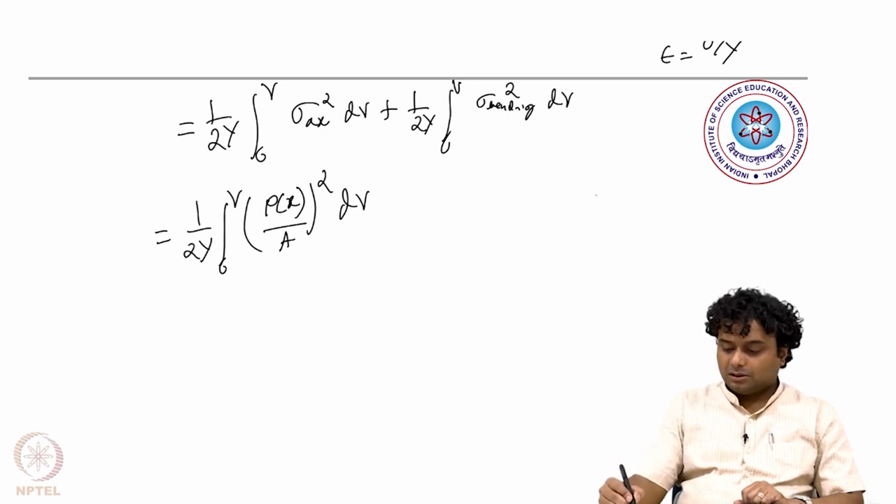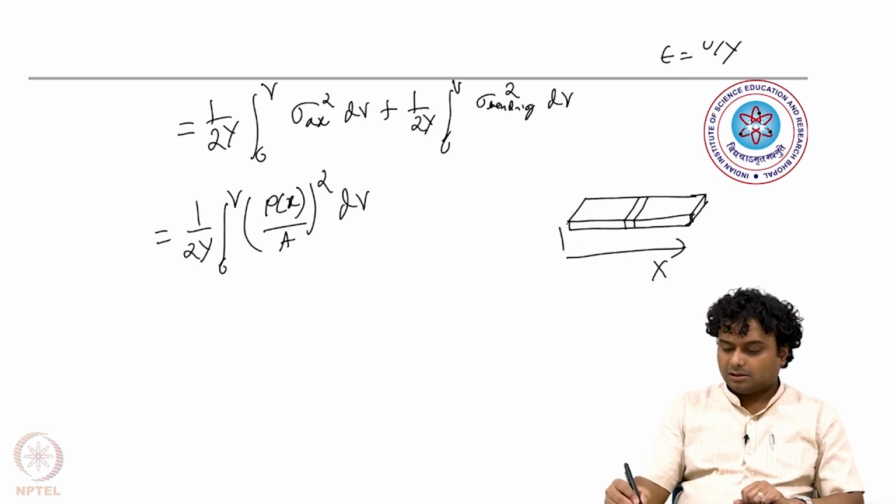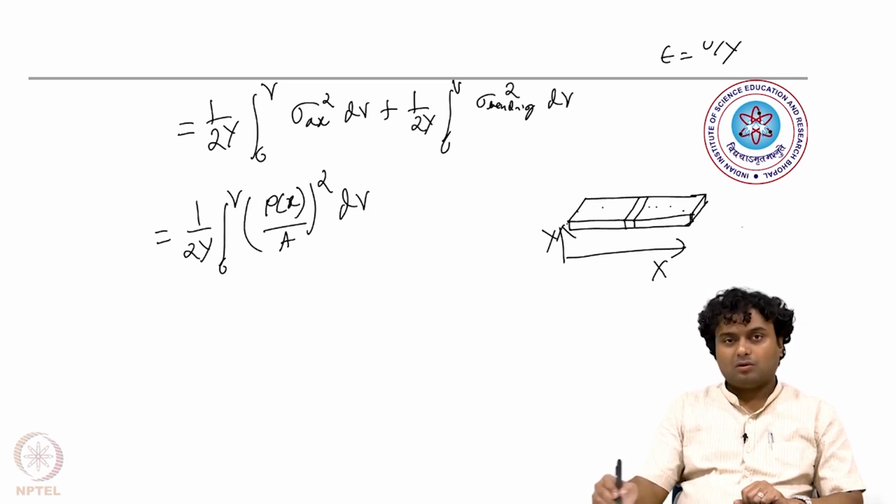Why? Because this is our beam and this dV is like this cross section, okay, and here this is x direction, let us say, and this is y direction. Now see that at different positions of the beam there will be different force, but the area throughout the beam is the same along its length.